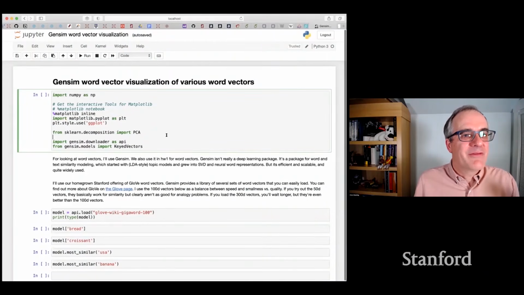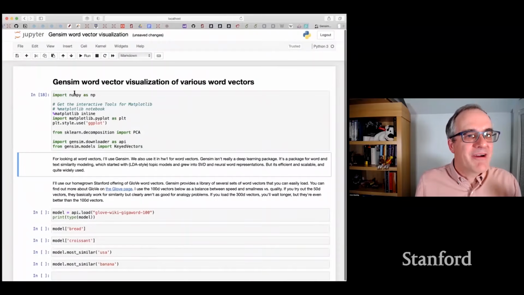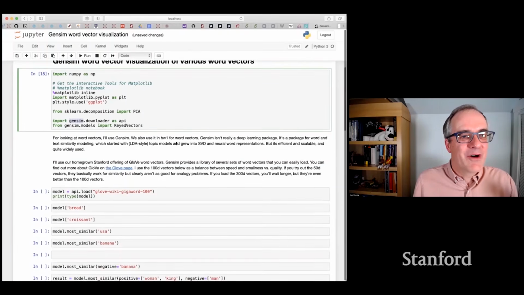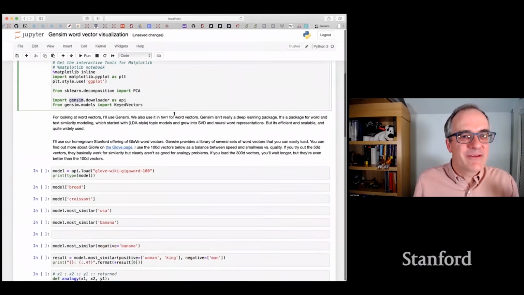In the first cell, I import a bunch of stuff: NumPy for our vectors, Matplotlib for plotting, scikit-learn, your machine learning Swiss Army knife, and Gensim, a package that you may well not have seen before, often used for word vectors.